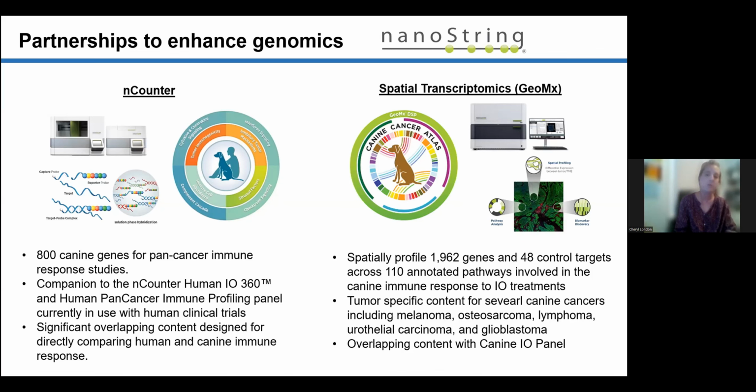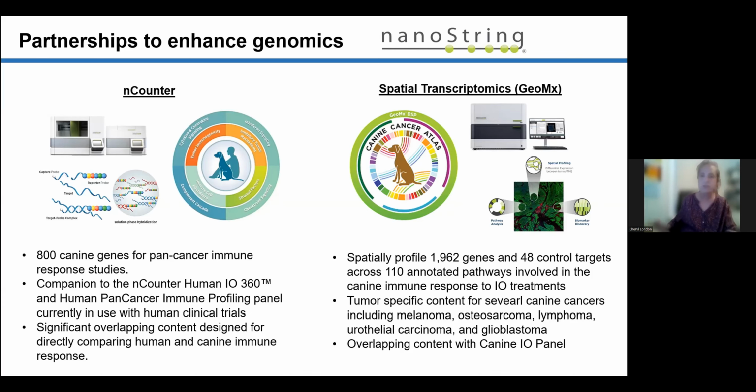This one has almost 2,000 genes, with tumor-specific content for several cancers, including melanoma, osteosarcoma, lymphoma, bladder cancer, and glioblastoma, and again has overlapping content with the canine IO panel. So these 2 platforms are complementary.